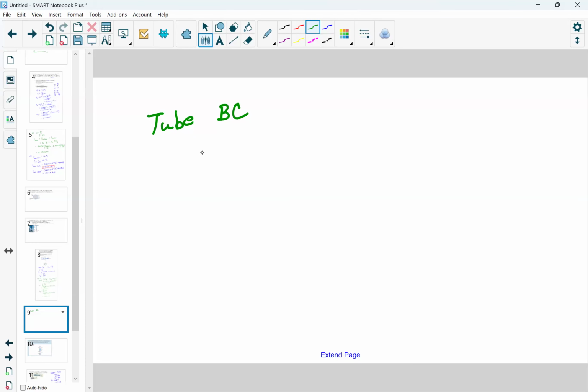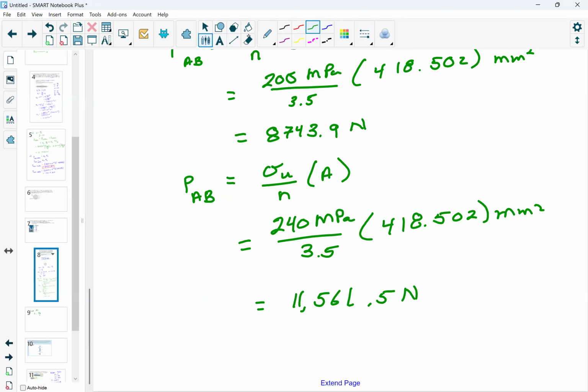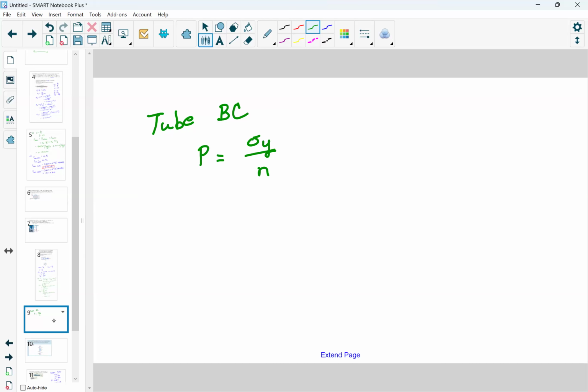It's going to be the same series of equations. P is going to be sigma y over the safety factor. Oh, I wrote the wrong safety factor, didn't I? Hang on. Because 4.5 is for the ultimate. So this is not 3.5. This is 4.5, times the area of BC.